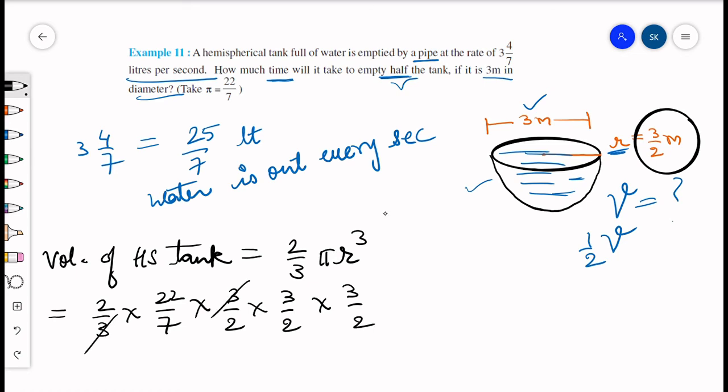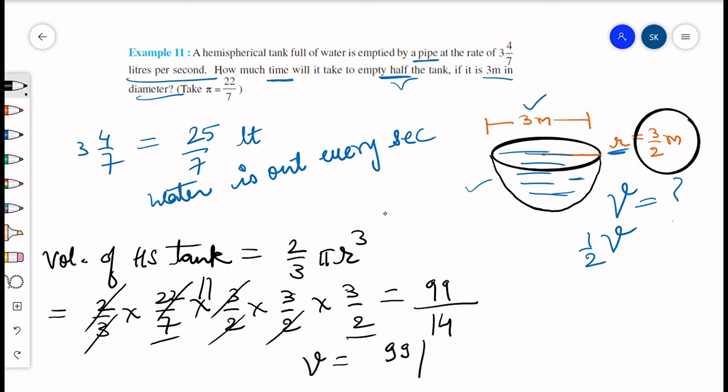This 3 gets cancelled. This 2 gets cancelled. 2 11s are, now this 3 and 3 is 9 into 11 is 99, and we have 7 into 2 in the denominator, which gives us 14. So volume is 99 by 14 meter cube.